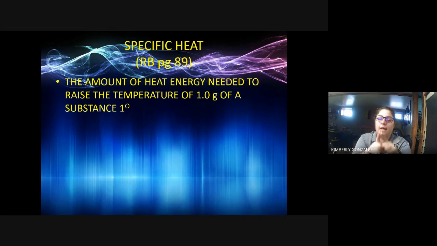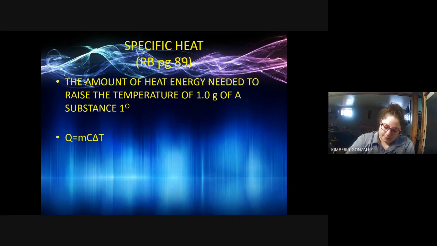It does not matter if we increase it by 1 degree Celsius or 1 Kelvin, because it's a 1-to-1 ratio. If I raise the temperature by 10 degrees Celsius, I'm also raising the temperature by 10 Kelvin. That's why it only says by 1 degree and doesn't specify units here. Everything in the universe has its own specific heat. They're all different.